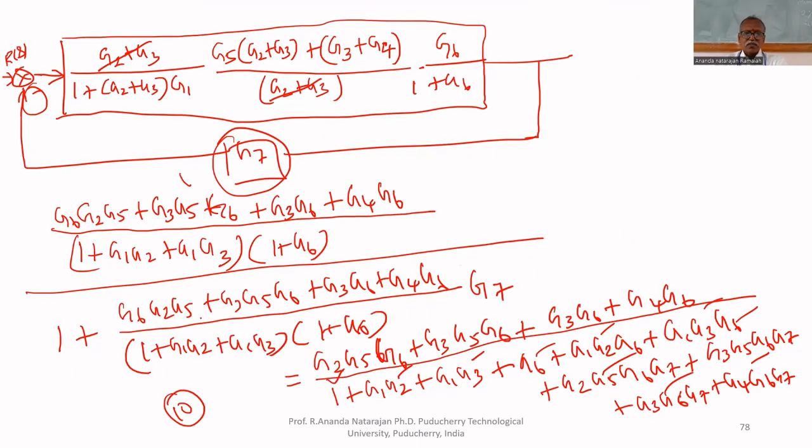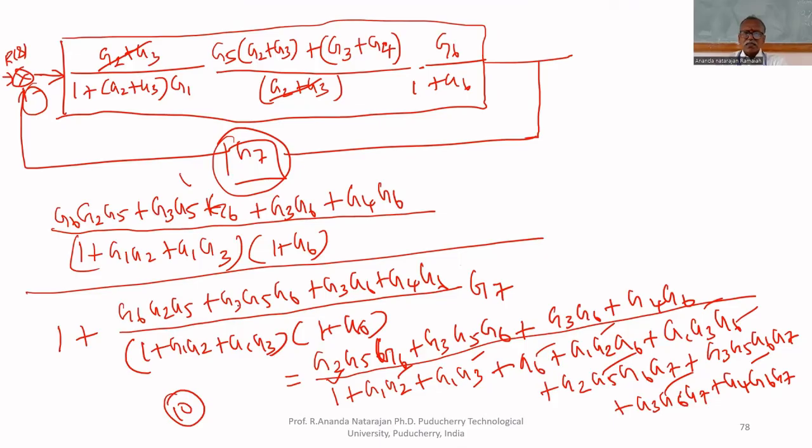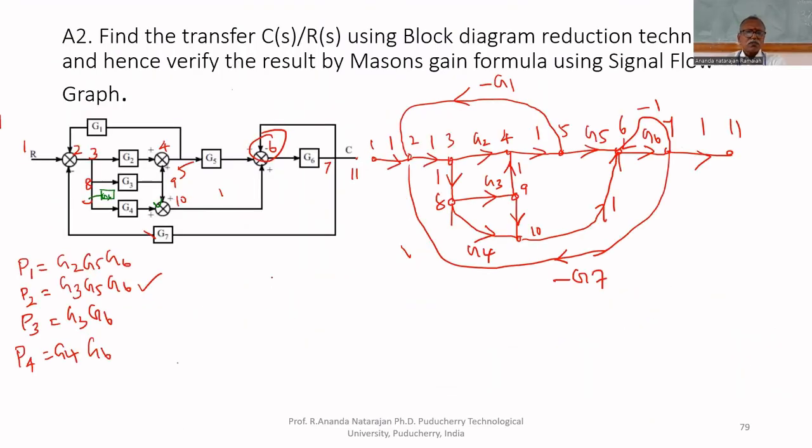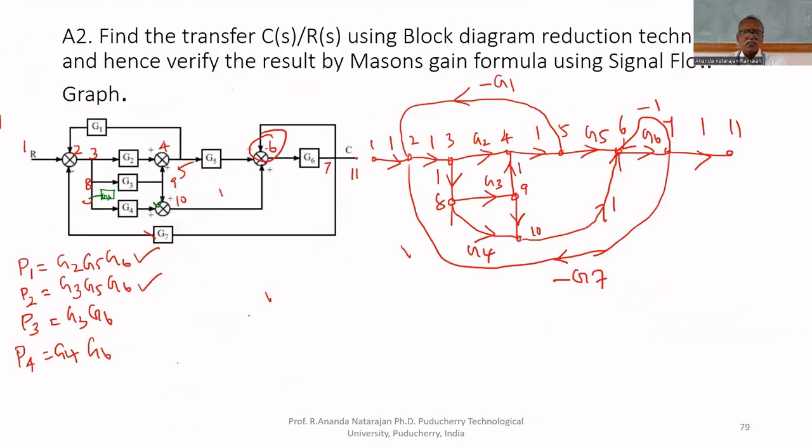G3, G5, G6 is there. G2, G5, G6 is also there. G3, G6 and G4, G6 are also there. Forward paths are correct. I can cross-check with the block diagram reduction.